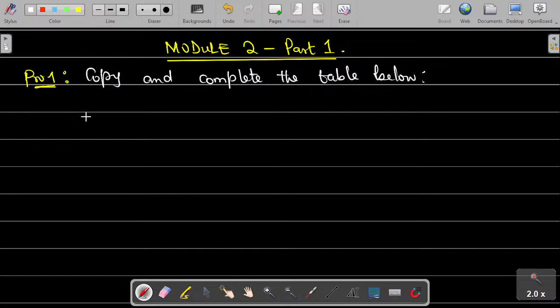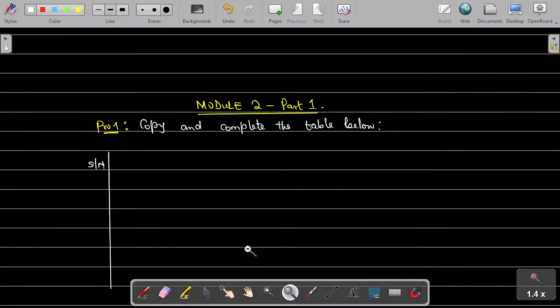First we are given equations. It started with Sn. Let me come down. Sn, and then we have equation. Maybe I should reduce this.